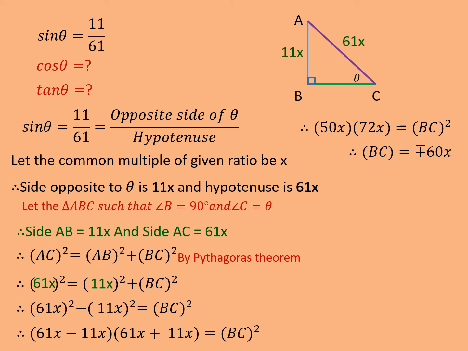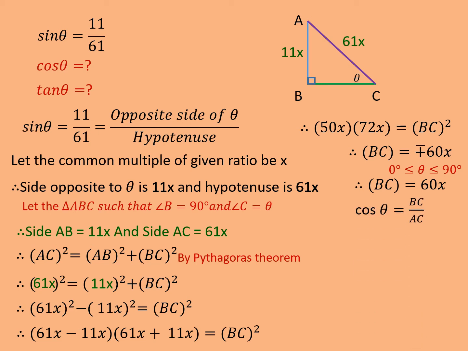When I further simplify by taking the square root, I get plus and minus 60x. But as you know, theta is greater than or equal to 0 and less than or equal to 90 degrees. Therefore BC will be only 60x, that is plus 60x. Now we need to find out cos theta and tan theta.